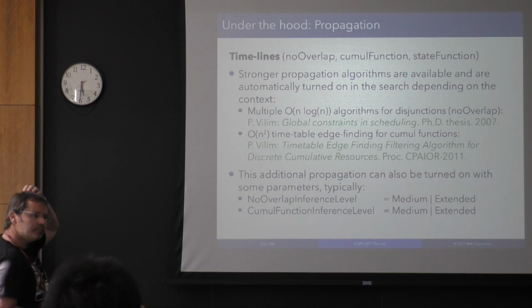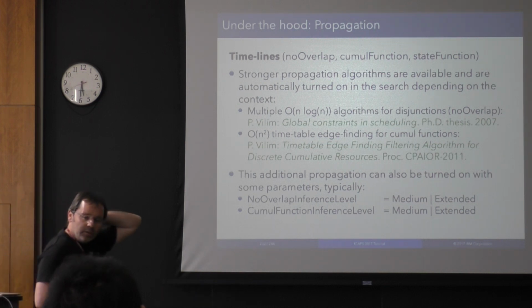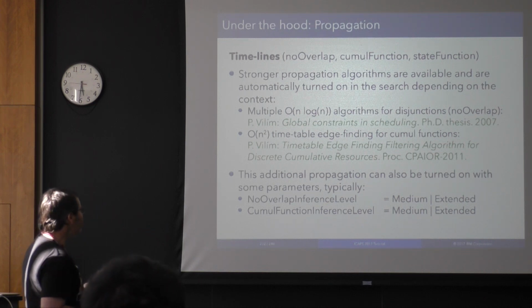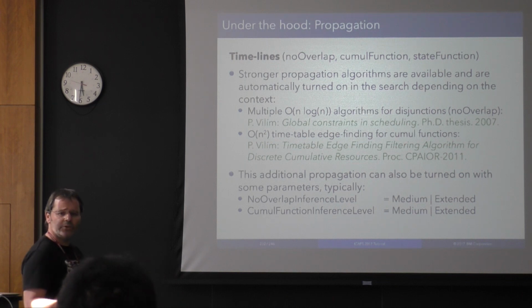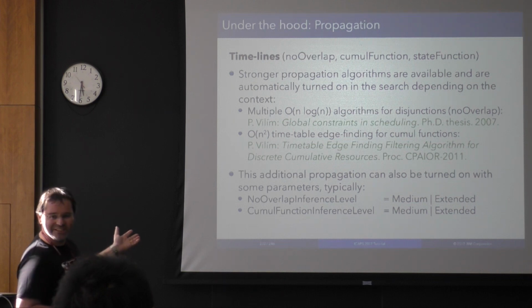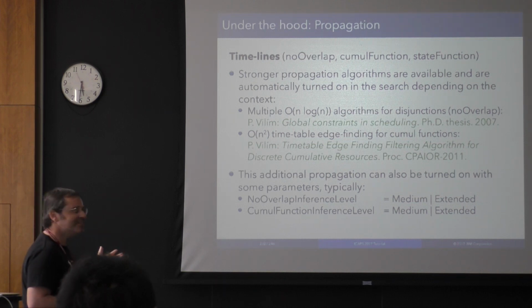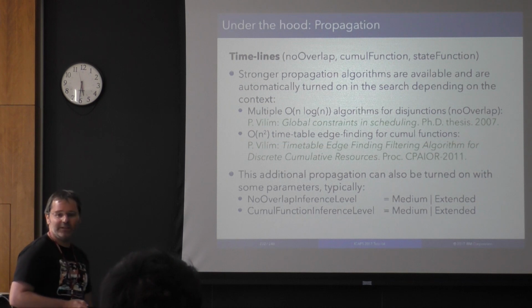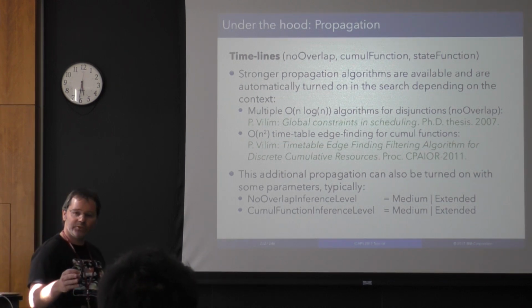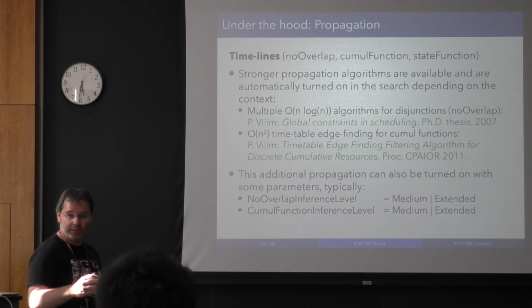We have more complex propagation in the engine that requires more time, but the automatic search decides when to use it or not. In our team we have Petr Vilím, who is a big specialist of edge finding algorithms and so on, and he has implemented these algorithms. They are very useful, especially for small, medium-sized problems for proving optimality.